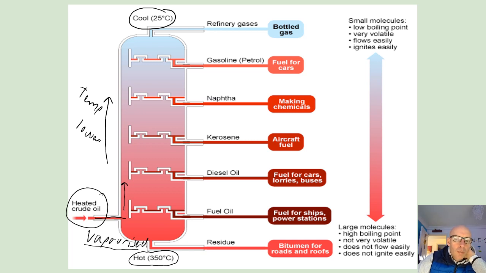So let's say, for example, you are a small hydrocarbon chain. If you imagine it, you've just been heated and turned into a gas, and you go up here, and at this temperature you're still a gas, because you boil at a low temperature, and at this temperature you're still a gas, and you get up as far as here, and now it's below your boiling point.